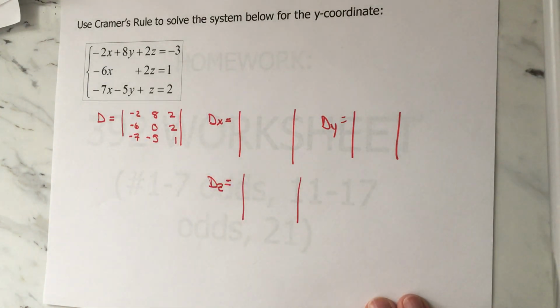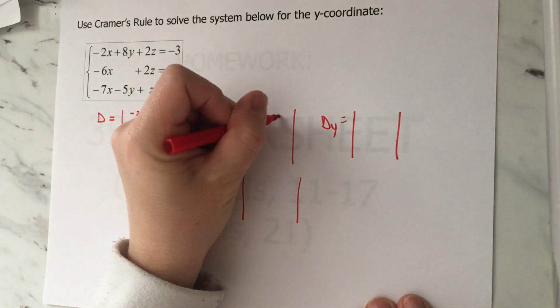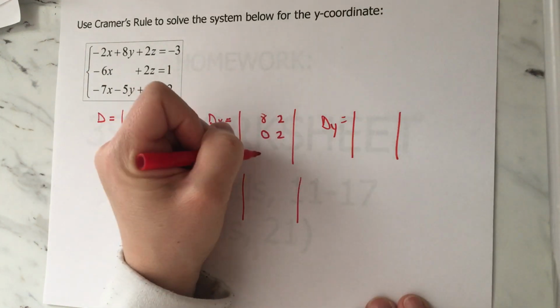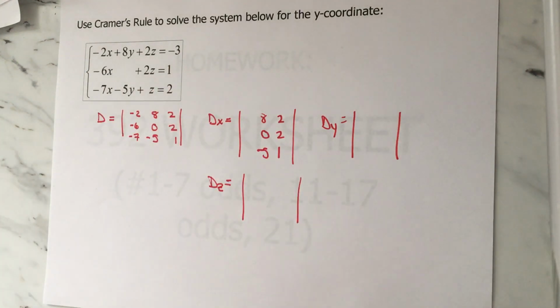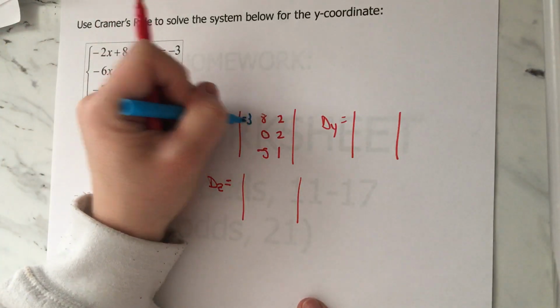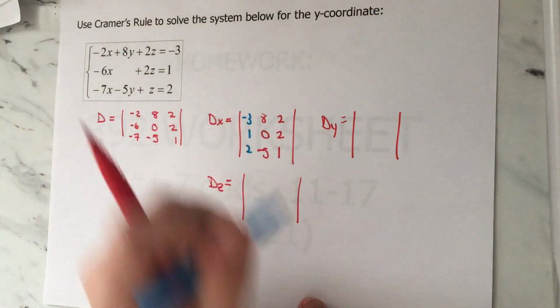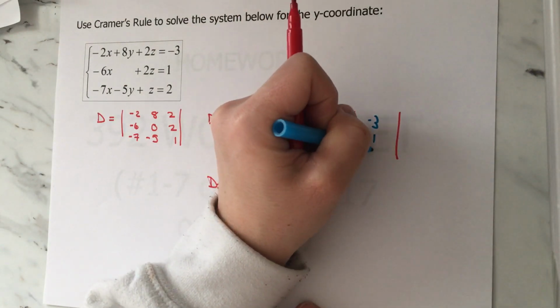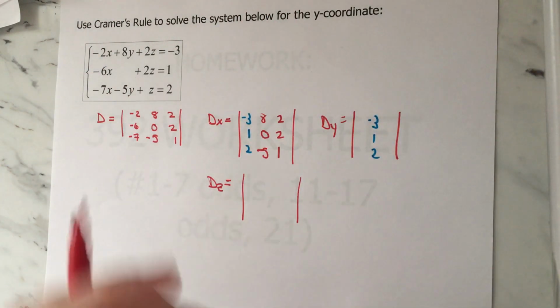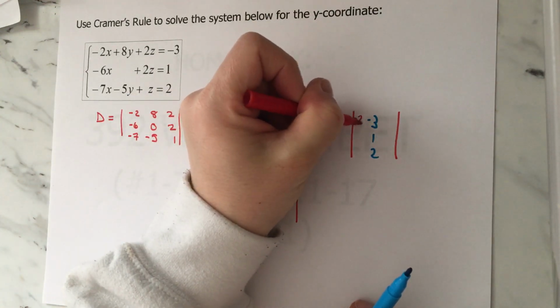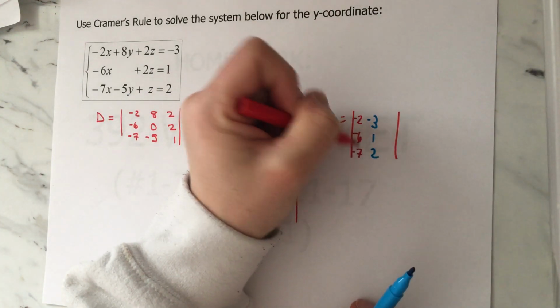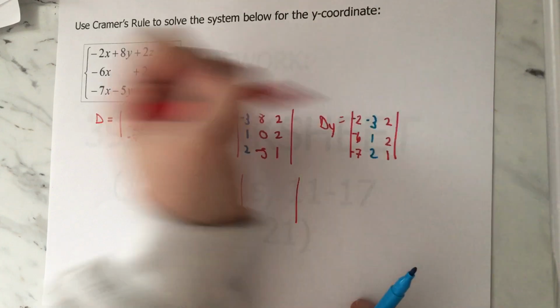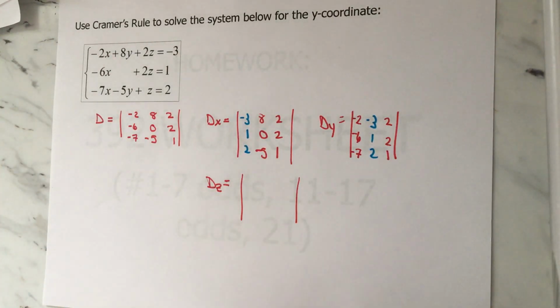Okay, and so just remember then when you were doing it, you would do 8, 2, 0, 2, -5, 1, but you would be switching the x's, 3, 1, 2, find the determinant. This one, -3, 1, 2, and then putting back in, and then you would do the same thing here for z.